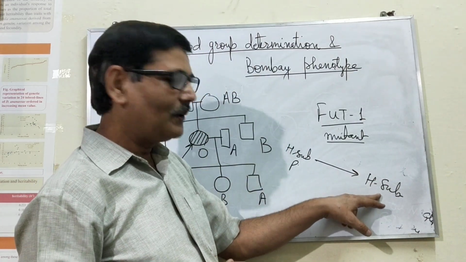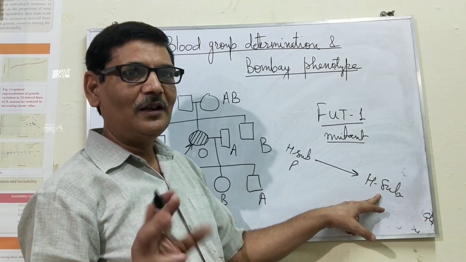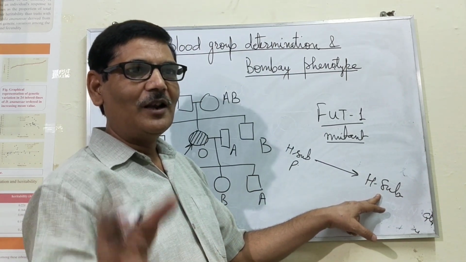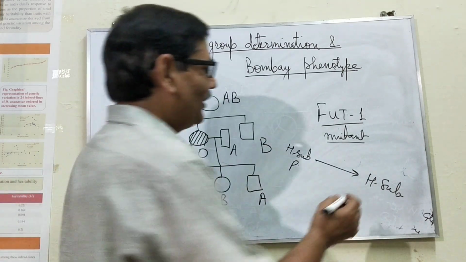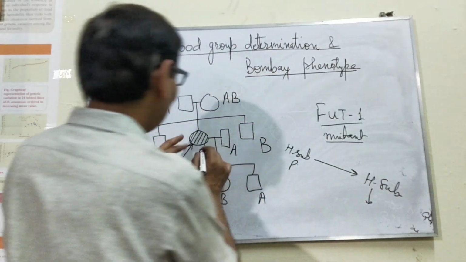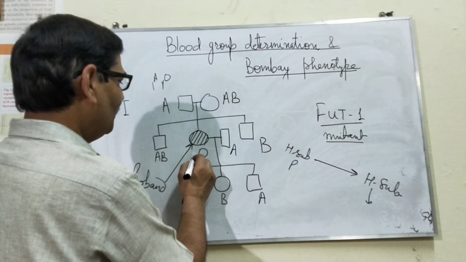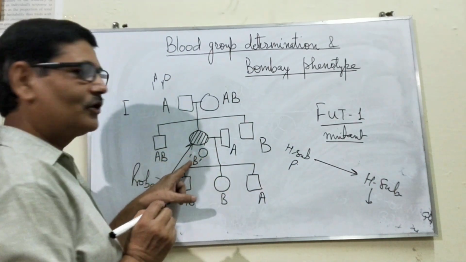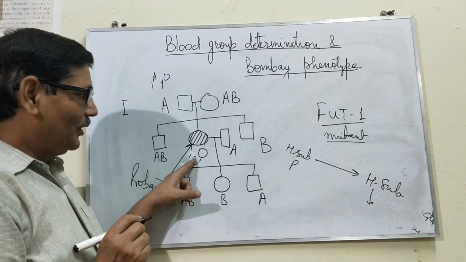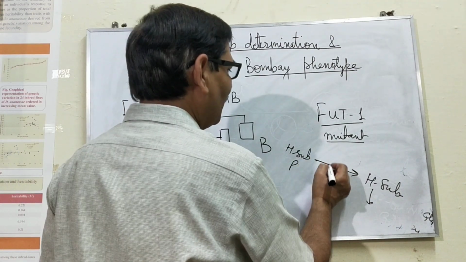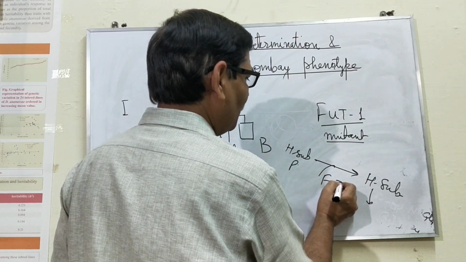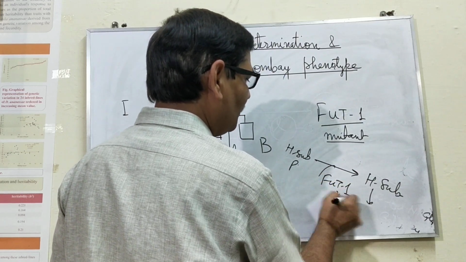And in the absence of H substance, IB allele or IA allele will not be able to put the antigen there. In reality, she was of blood group B, but she was showing O blood group. It was only because the FUT1 gene was actually mutant.